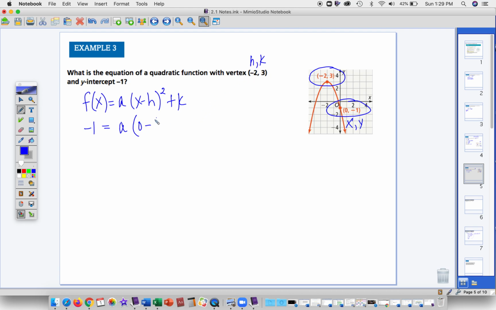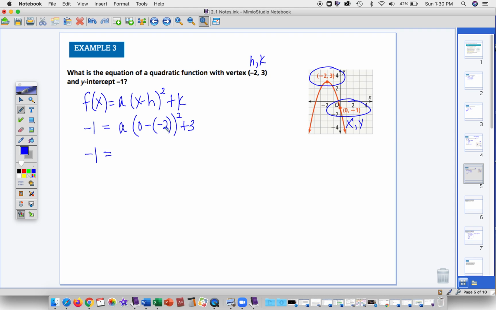h is -2. Make sure you have the minus here from the original form. So it's a minus -2, and don't forget that square. And k is 3. And now I can calculate a. So I have -1 is equal to, we do inside parentheses first.